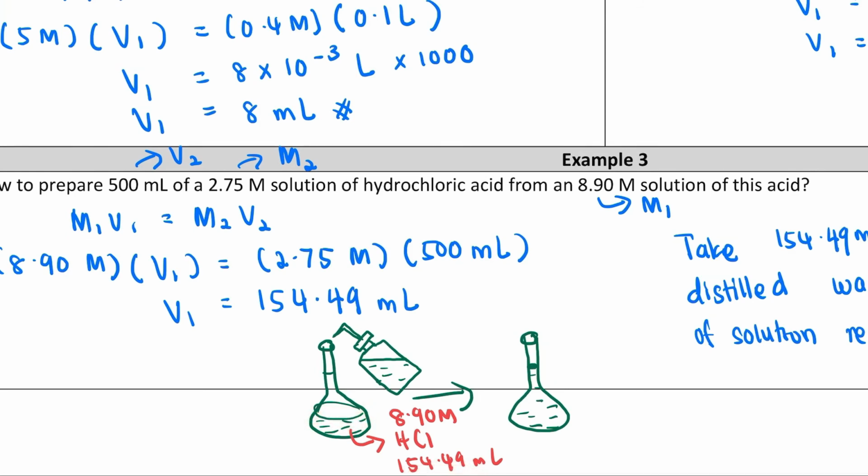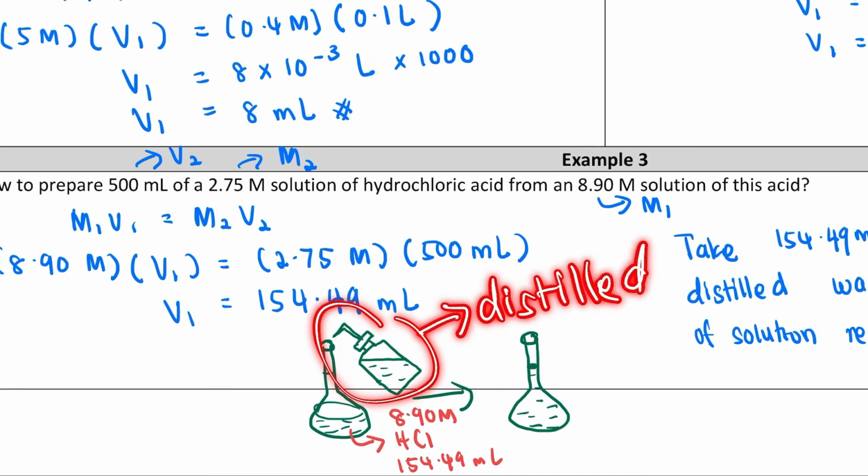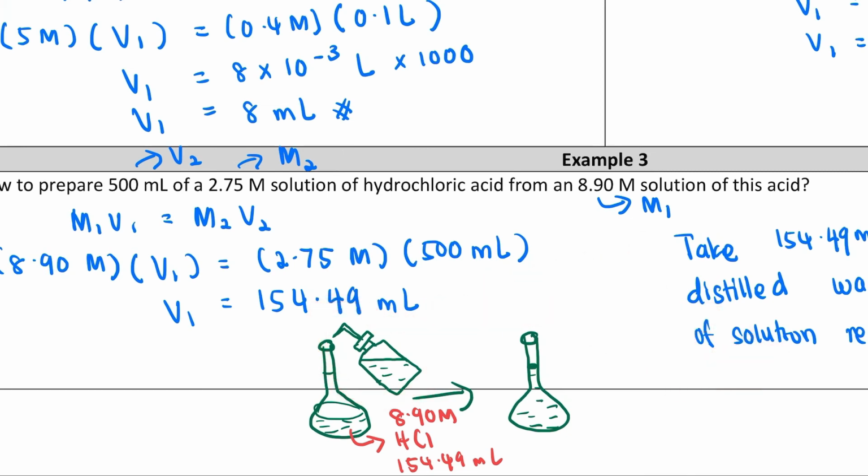Itulah dilution kan. Maksudnya solution ni pekat, then kita tambahlah air. Apa yang saya lukis dekat sini adalah distilled water bottle, dalam tu obviously ada distilled water. What is distilled water? Distilled water is air suling.